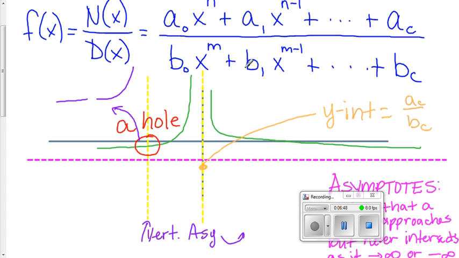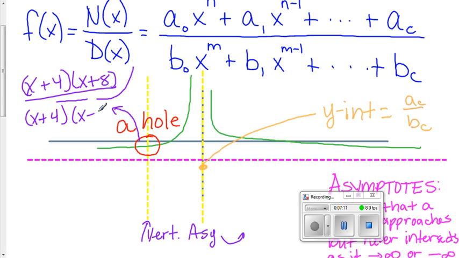That happens if you factor the denominator and you factor the numerator and you have the same factor in both the numerator and denominator. So for example, if you had something like x plus 4 times x plus 8 in your numerator, and then the denominator had x plus 4 and maybe x minus 6, or let's say x minus 1.